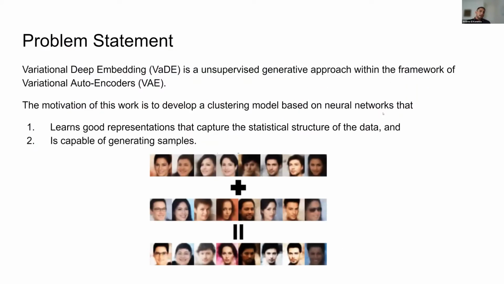So variational deep embedding is an unsupervised generative approach, and it's within a framework called the variational autoencoder. The motivation of this work is to develop a clustering model based on neural networks that can learn good representations, or the latent variables, of a data set, and then also be able to generate samples.